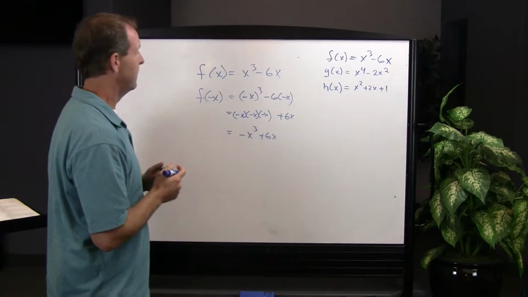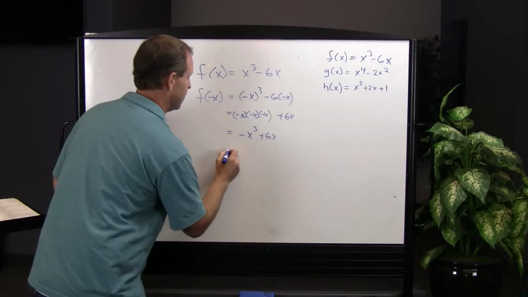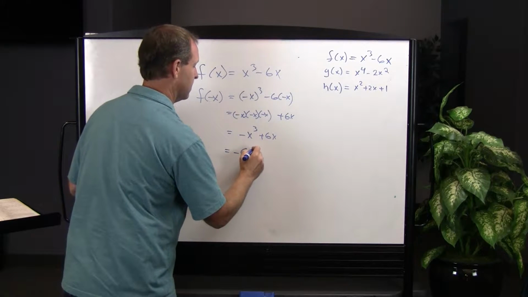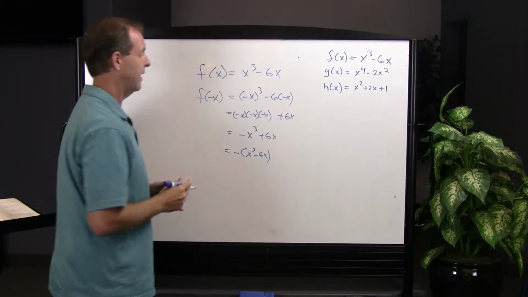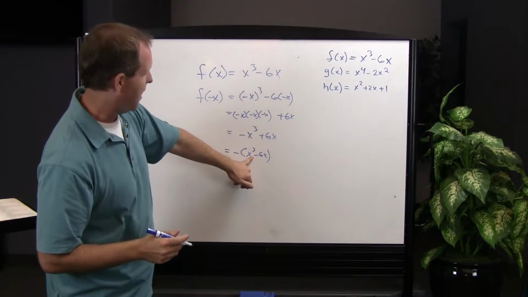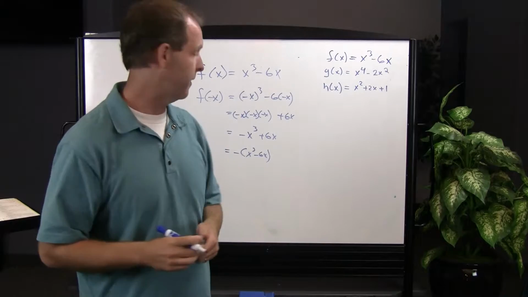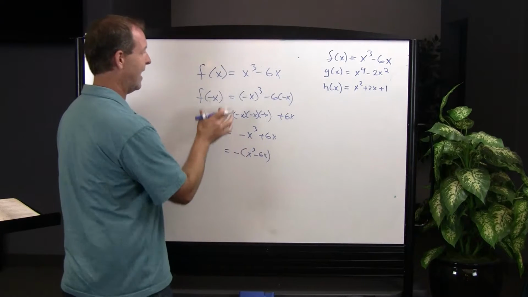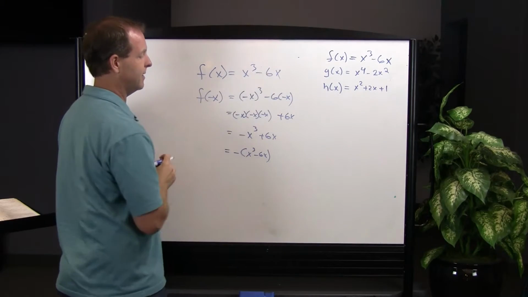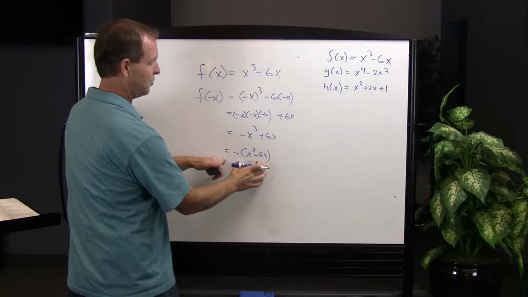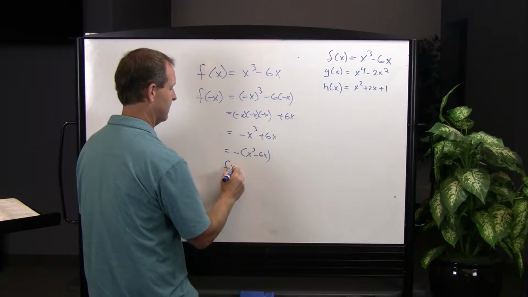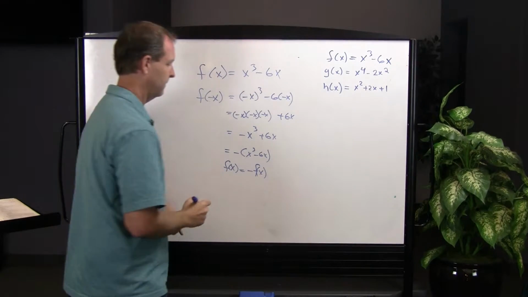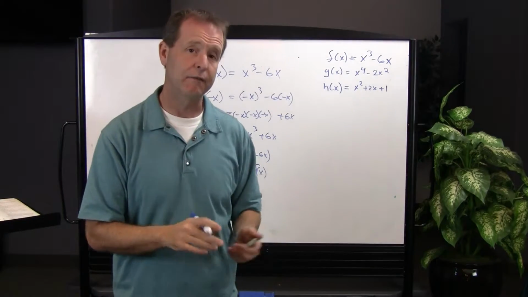I can write it out with a negative out in front: negative of x cubed minus 6x, and I get the opposite of what I started with. So f of x equals x cubed minus 6x, and I determined that f of negative x equals negative f of x. So I have an odd function.